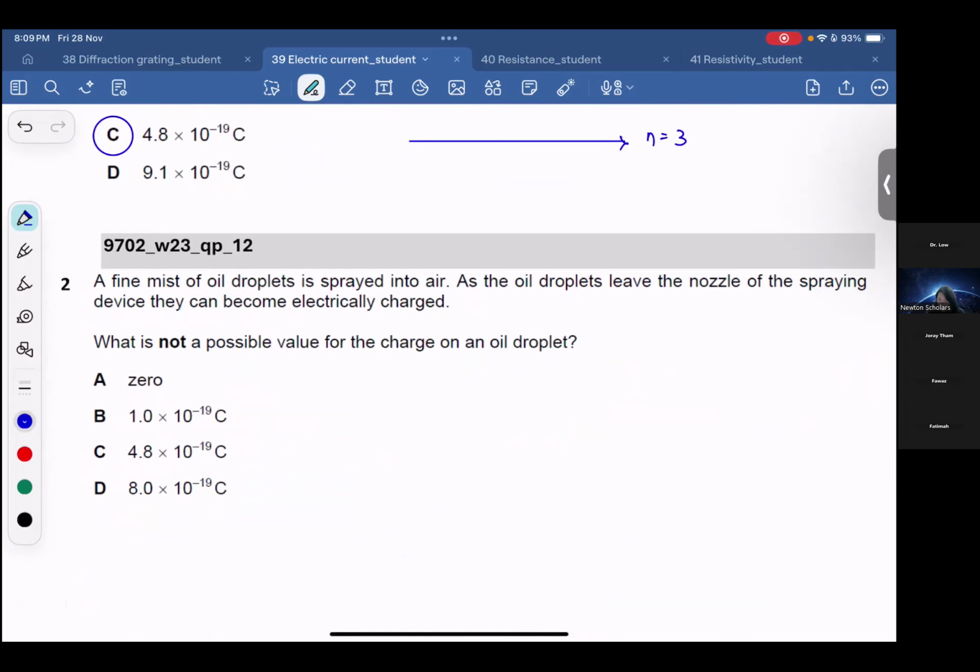Okay, so this one is asking you what is not a possible value for the charge. Not a possible charge. Because we understand the charge will be in packages, whole numbers: 1 package, 2 packages, 3 packages.